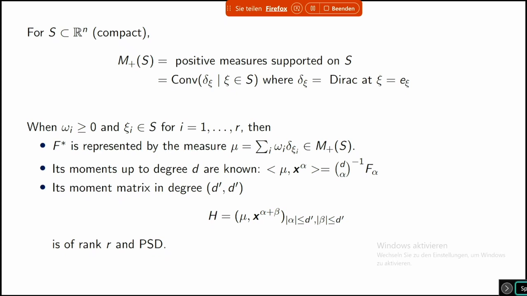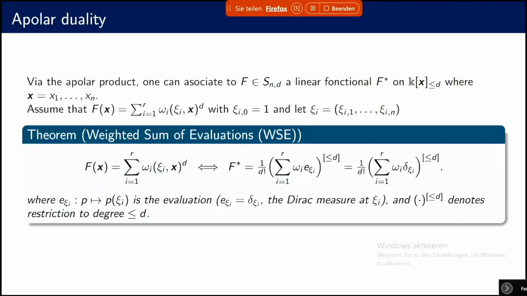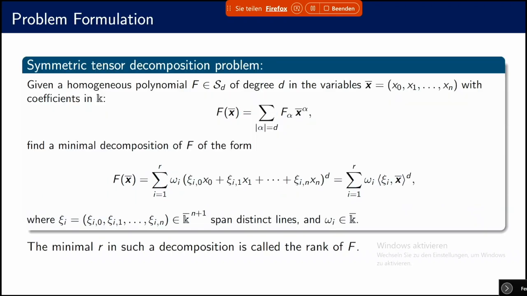I have a question on the slide which is shown now. The role played by this set capital S, you did not mention that. What's the role of capital S? It is a compact set that contains the CIs, the distinct spans, the distinct lines coming from the formulation of the sum of powers of the polynomial.